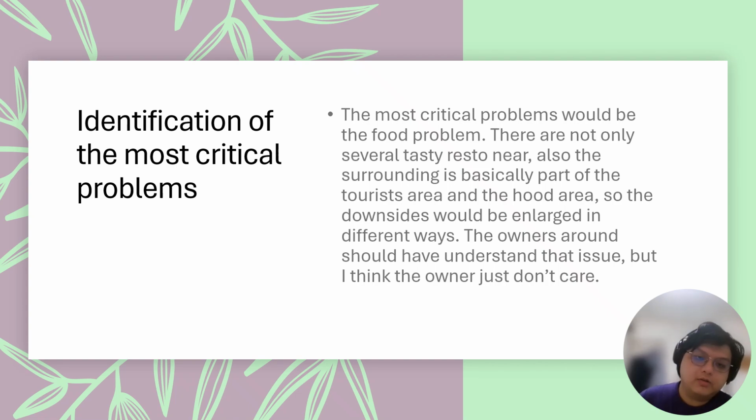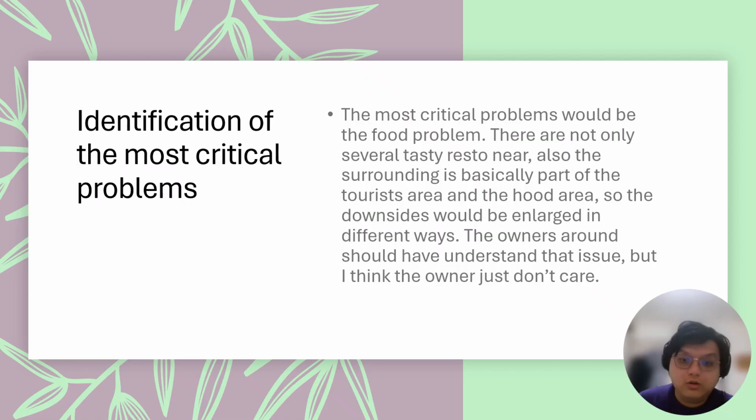So, identify the most critical problem. The most critical problem is you are a restaurant, and there are several tasty restaurants nearby, and it's a tourist area. People will go there. The tourists will go there every single day to find good food and then go to another site to see.